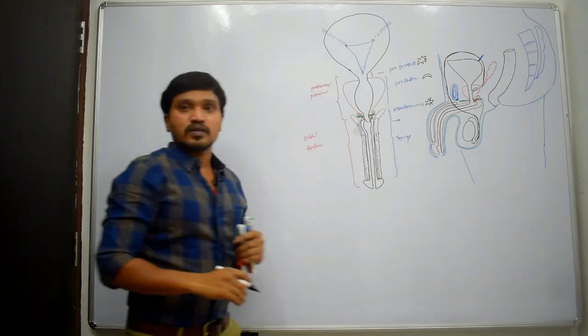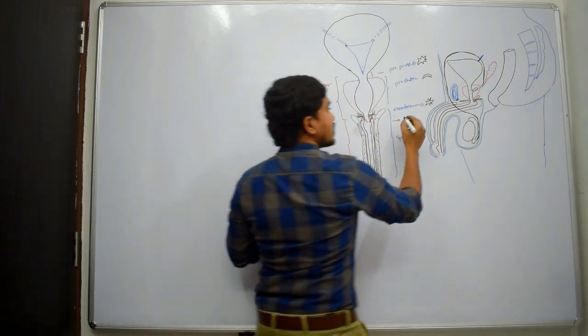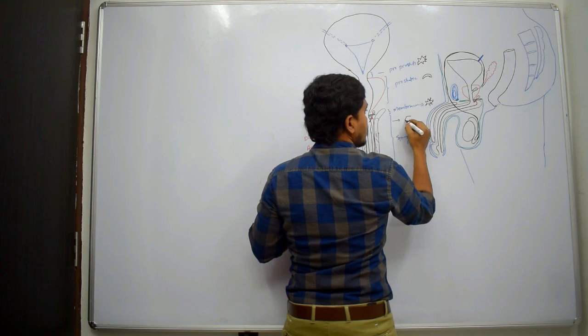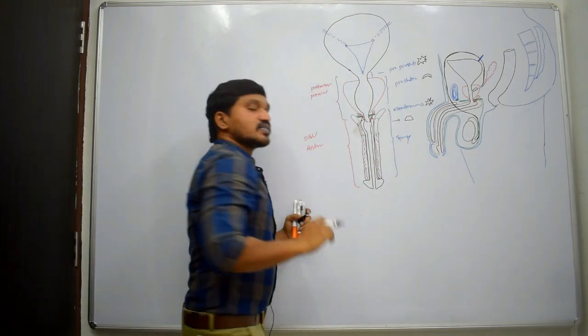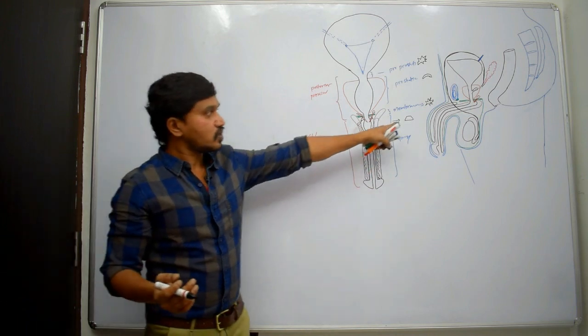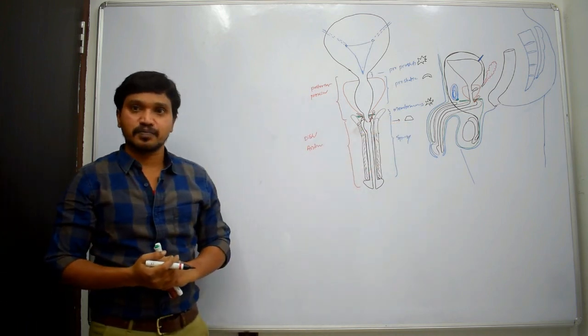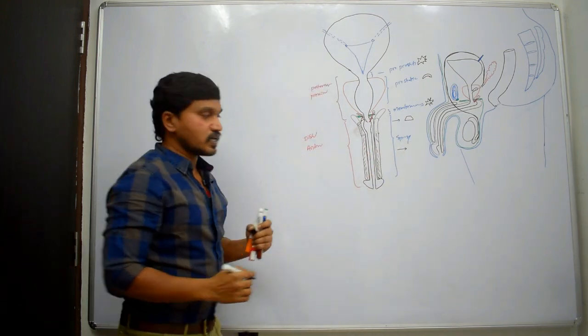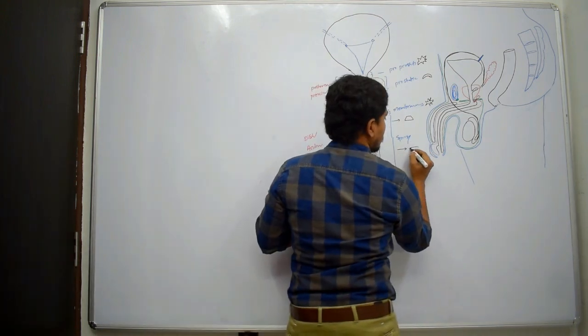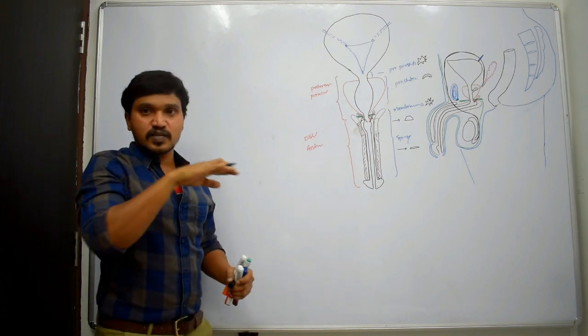Then if you take the section at the level of bulbar urethra, at this level, the lumen of the urethra is trapezoid in shape. That means lateral wall and floor are larger than the roof. So it is trapezoid in shape. Then if you take the section at the spongy urethra, it is a transverse slit.